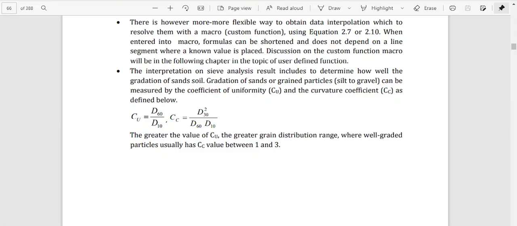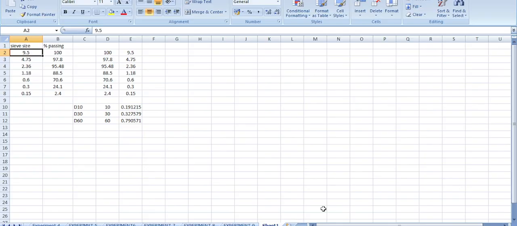So we have here CU, D60, these are D60. So you put your equal sign, D60 slash D10. So that's the value of CU.